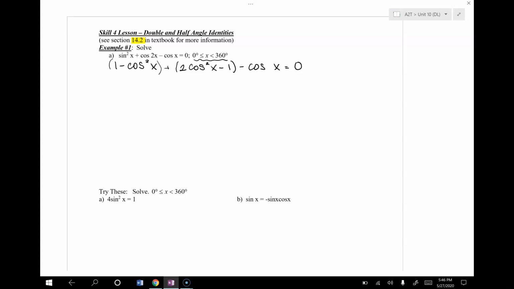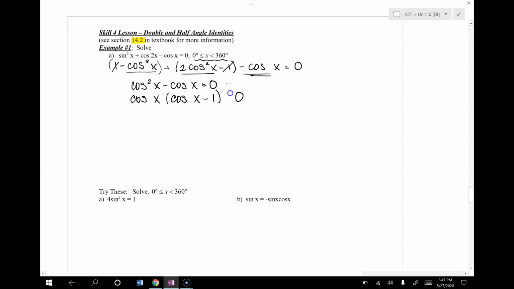So now I'm going to combine like terms. Well, the ones are going to cancel, and then negative cosine squared x plus 2 cosine squared x is going to give me cosine squared of x. And then I just have a negative cosine of x left equal to 0. Well, they do have a greatest common factor, and it's not a trinomial quadratic, so I can just factor out a cosine of x, and that leaves me with cosine of x minus 1 is equal to 0.